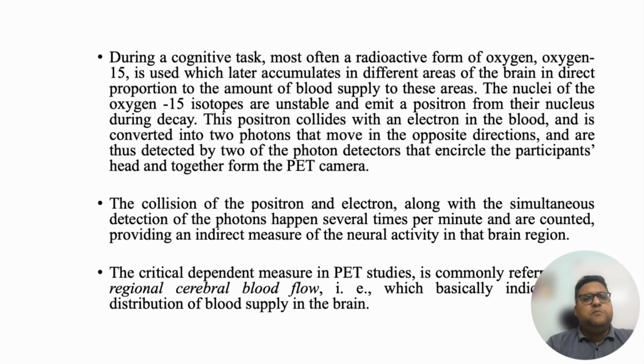The critical dependent measure in the PET is commonly referred to as the regional cerebral blood flow, which provides us an indirect way of judging the distribution of blood supply in the brain. Now, the underlying assumption in this technique is that the areas of the brain involved in a given cognitive task, such as viewing a picture of a face or a house or reading a word, will receive the maximum blood flow and blood supply.